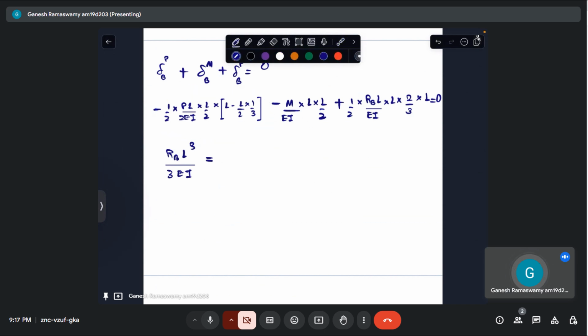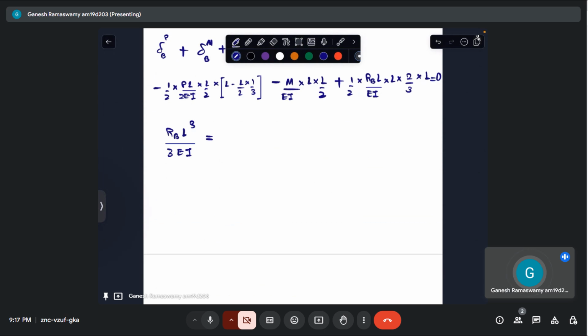I just have to calculate the rest, which will be nothing but 1 by 1 minus half by 3 into half. This is 5 by 48 again. 5PL cube by 48EI plus this is ML squared by 2EI.